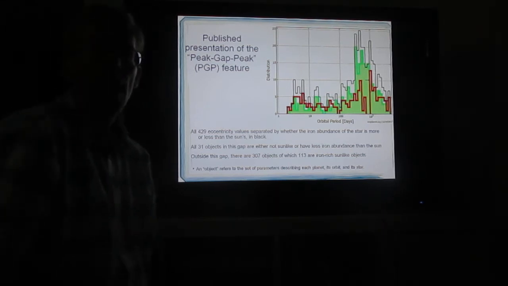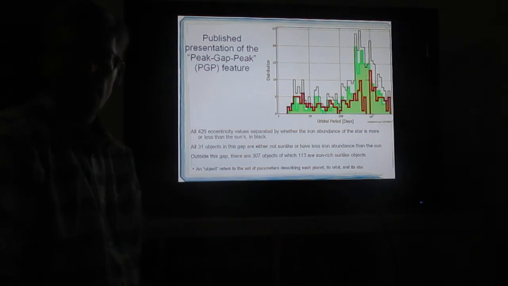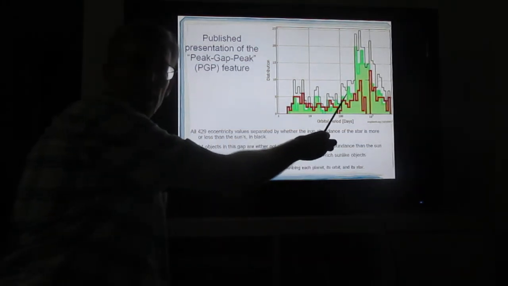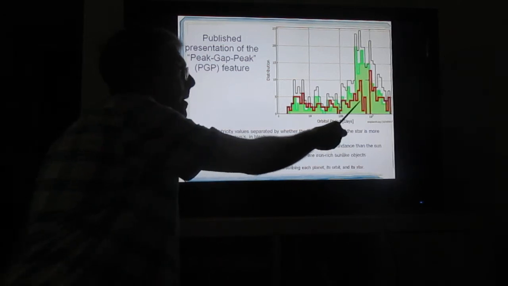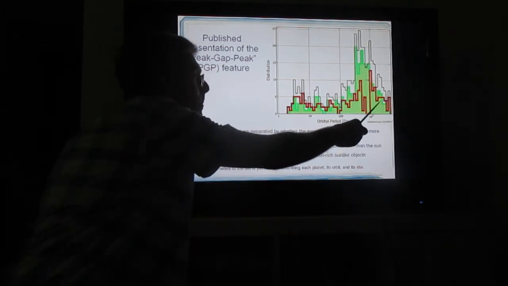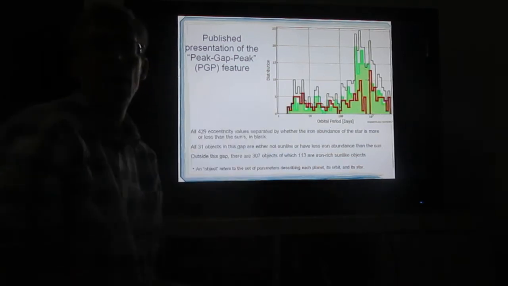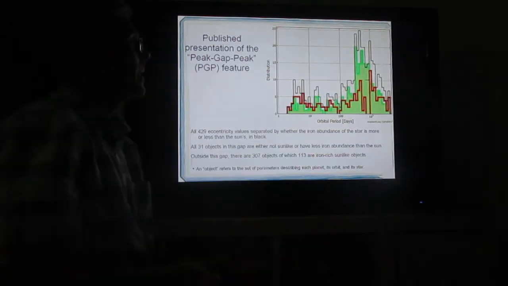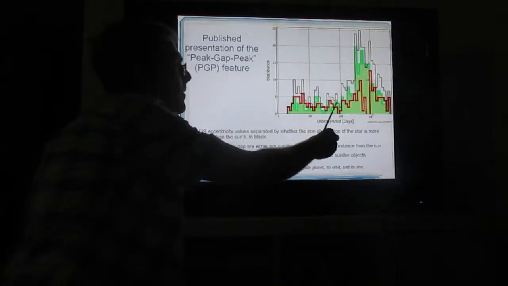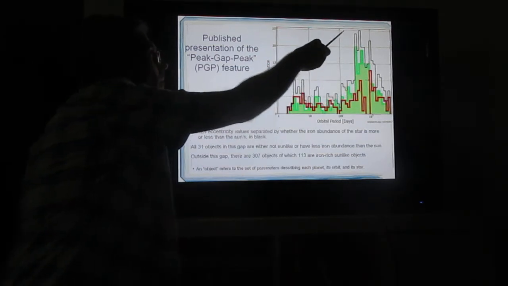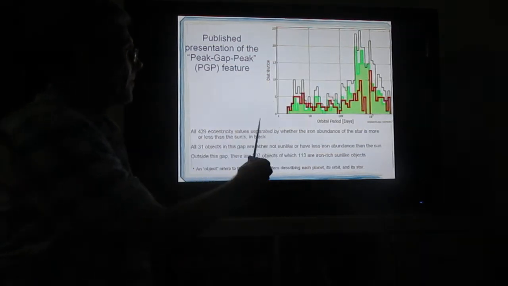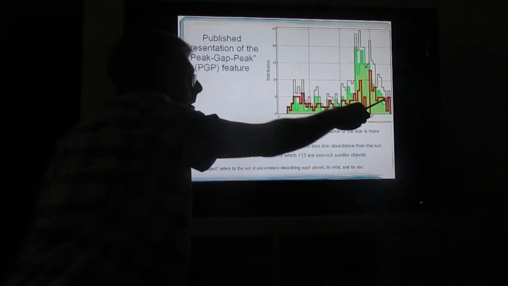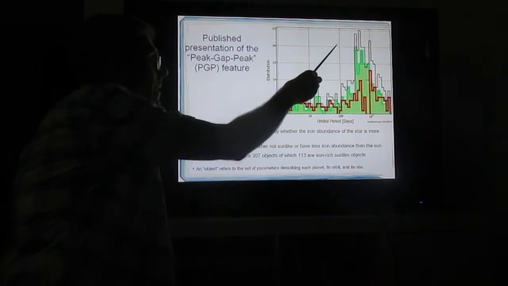What I published last year in Astronomy found that in this metal-rich subpopulation there is a peak-gap-peak feature, a very sharp gap where there were no planets, adjacent to a very high peak. Here in red we have all 429 objects that were found by radial velocity. In black and green we have the other ones, so the red plus green equals the black.